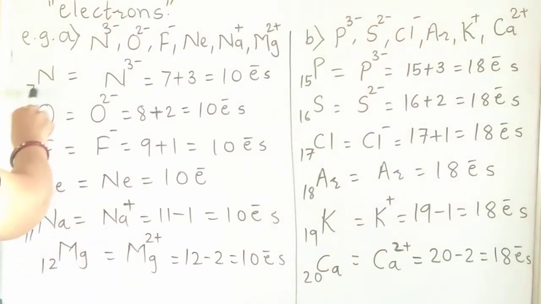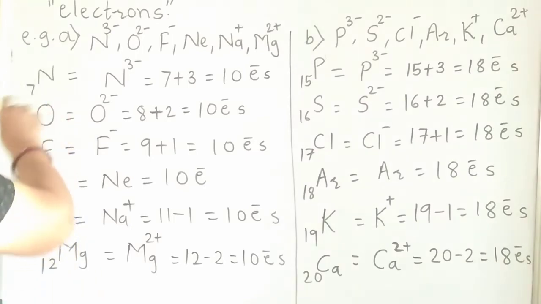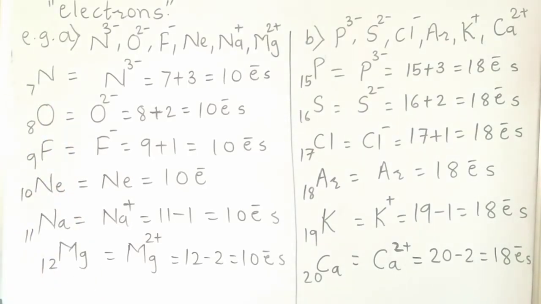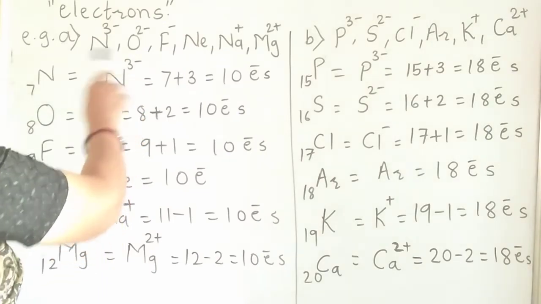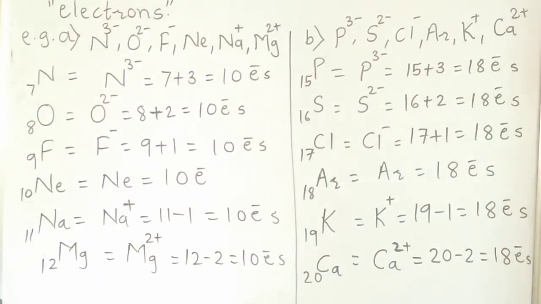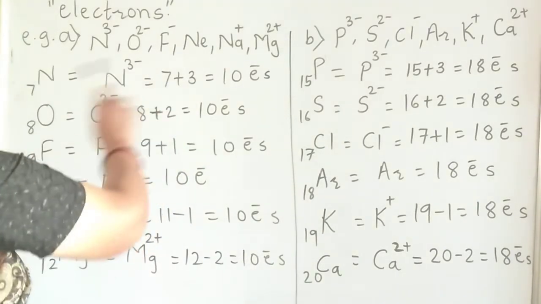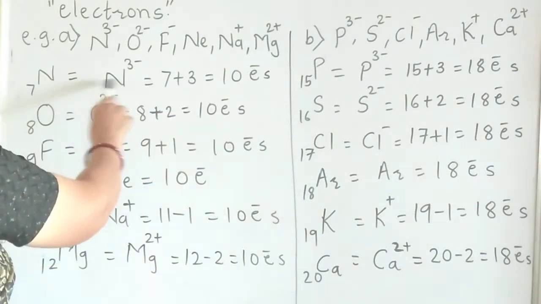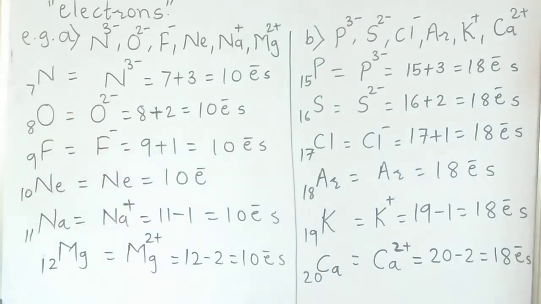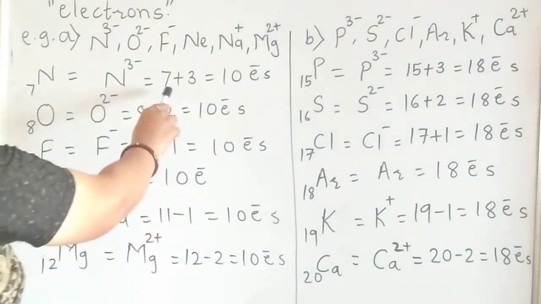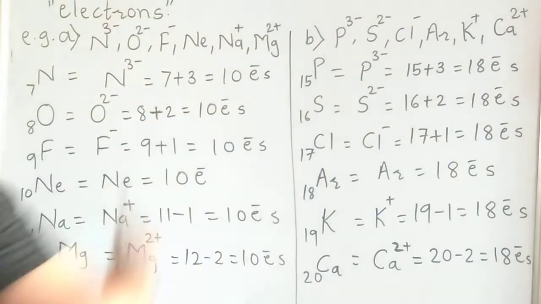See, nitrogen has atomic number 7. Everybody knows, so 7 atomic number indicates that it has 7 electrons. Now, when the nitride ion N3 minus is formed, the 3 minus charge indicates that it has gained 3 electrons. So the total number of electrons in N3 minus is 7 plus 3 is equal to 10 electrons.